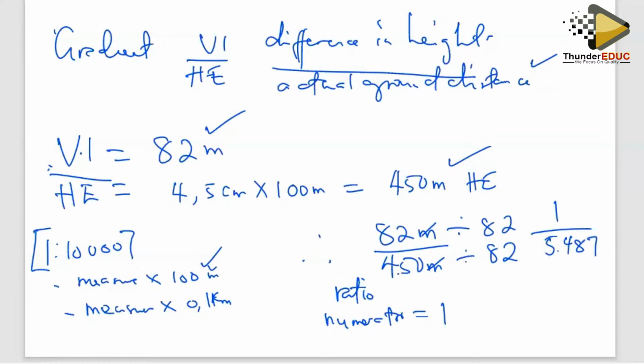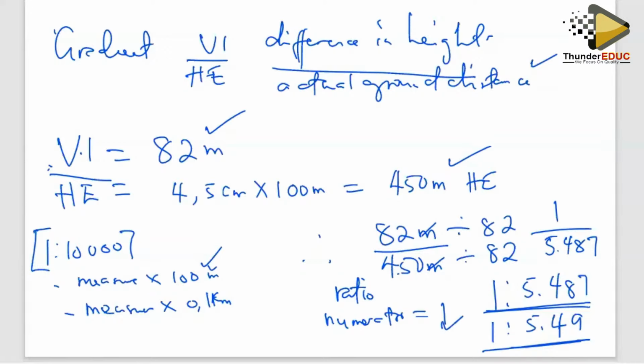So as a ratio, it is 1:5.487, which we can round off to 2 decimal places to give us 1:5.49. That is our gradient, according to the calculation that we have done there.